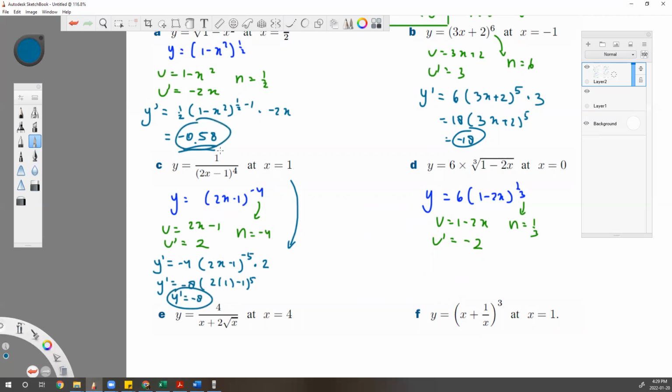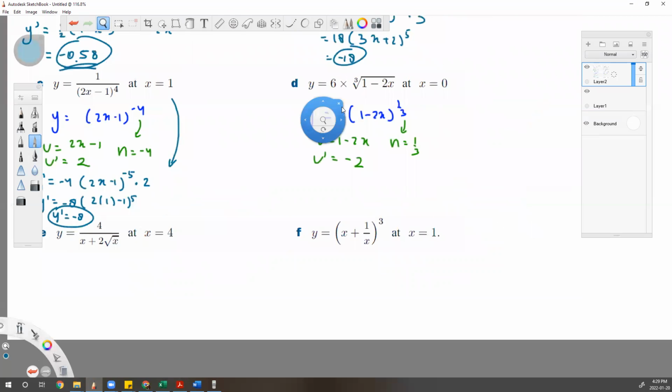That's the answer. But be careful, we have the 6. Write down the 6, and go to the rest: (1 minus 2x) to the power 1/3 minus 1, times -2. So 6 times 1/3 is 2. 2 times -2 is -4.